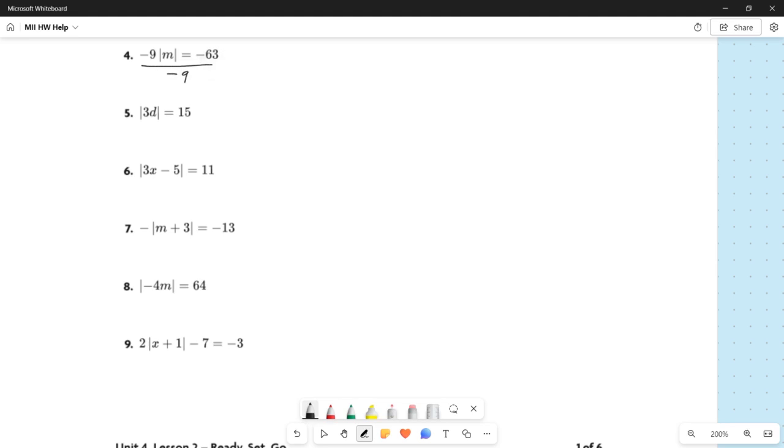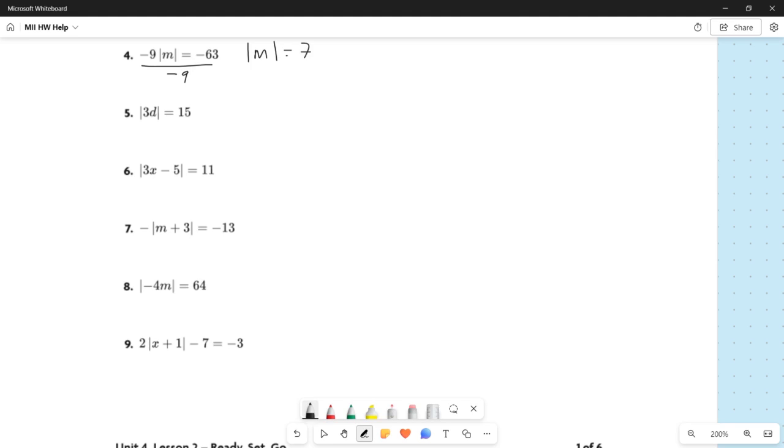That's going to cause the negative 9 on the left to go away, leaving me with just the absolute value of m. And that's going to equal, on the right, negative 63 divided by negative 9. A negative divided by a negative is a positive, and 63 divided by 9 is 7. So now I have the absolute value of m equals 7.